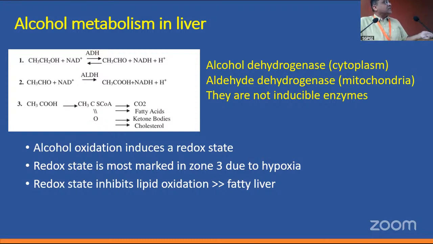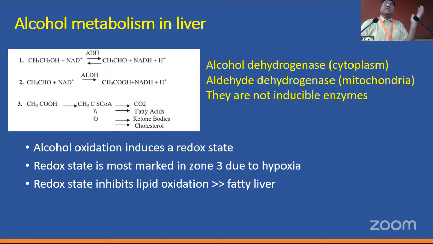First converts alcohol to aldehyde, second converts aldehyde to acetate, and then acetate is metabolized to water, fatty acid and ketone bodies, etc. Right? These two enzymes are present in cytoplasm and mitochondria of hepatocyte, and they are homogeneously distributed. There is no difference in distribution of these enzymes in a hepatic lobule.